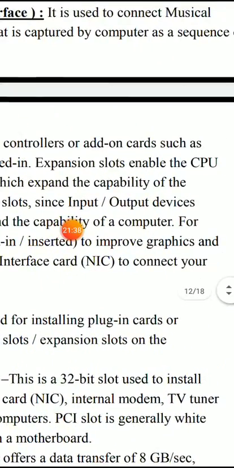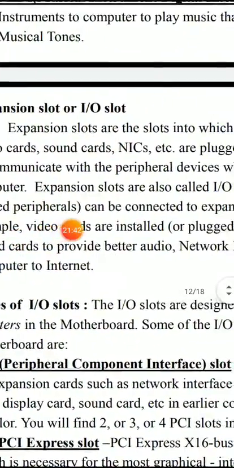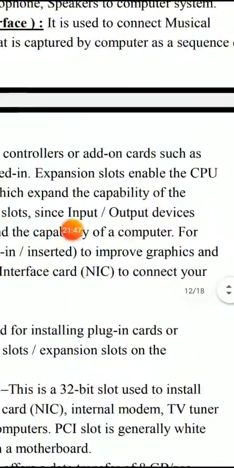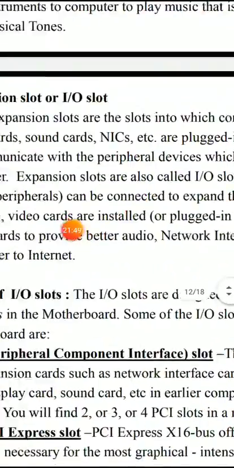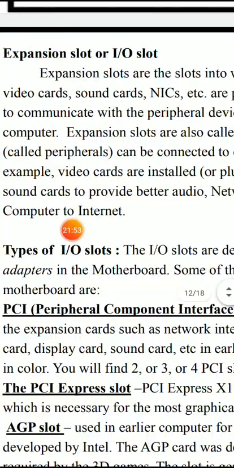Input output devices called peripherals can be connected to the expansion slots. Apart from these, we can also interface a networking interface card or video card in order to enhance the graphical support of the computer system. A network interfacing card is used to establish a networking connection with the computer system, etc.